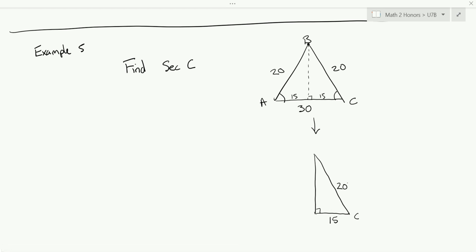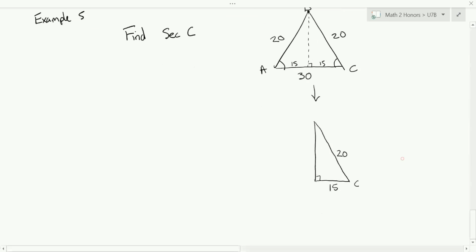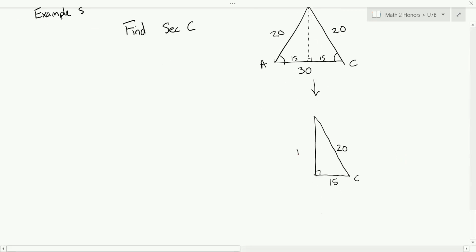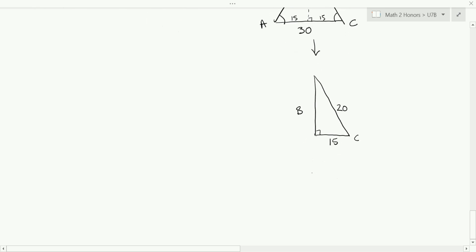What's next? We need to find this. Find out what B is. Okay? So I'm going to work through this with you because we are running low on time. So 15 squared plus B squared equals 20 squared. 400 minus 225.